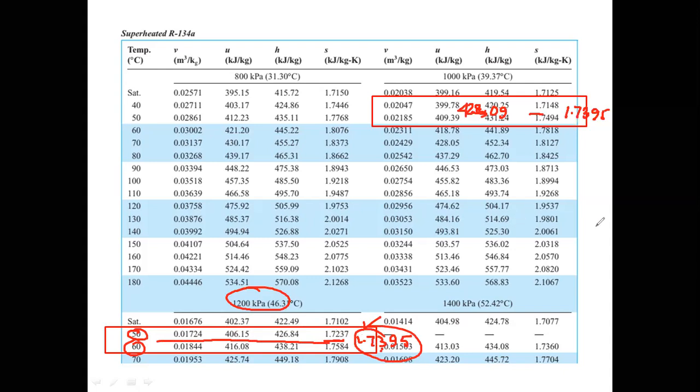Now we can again construct the similar table for 1200 kilopascal.